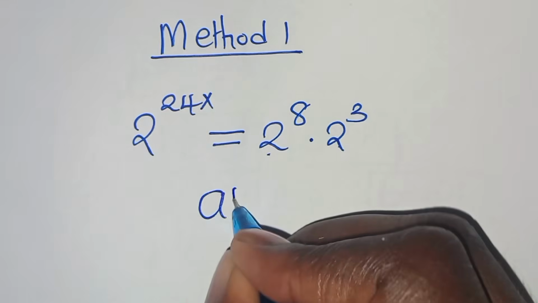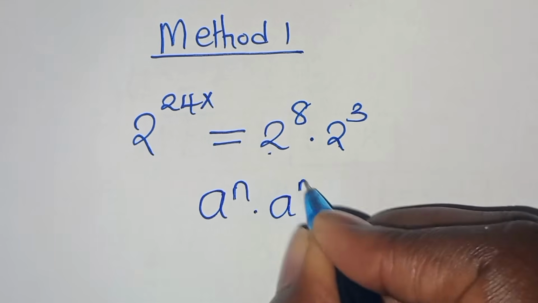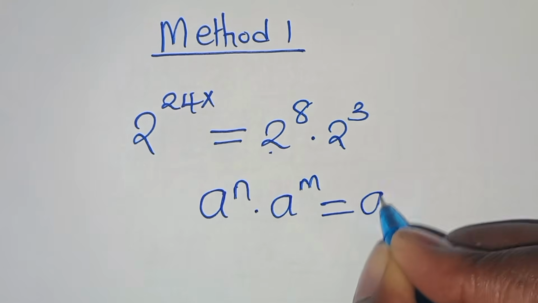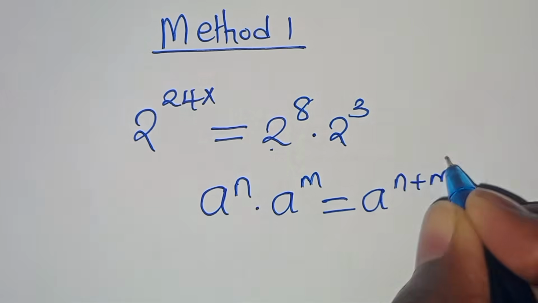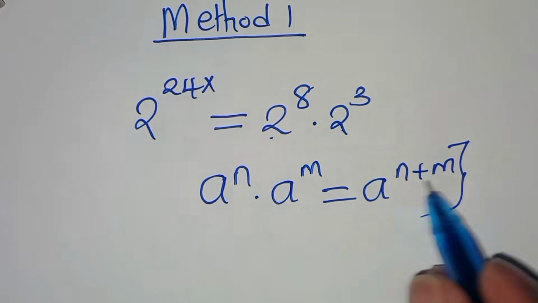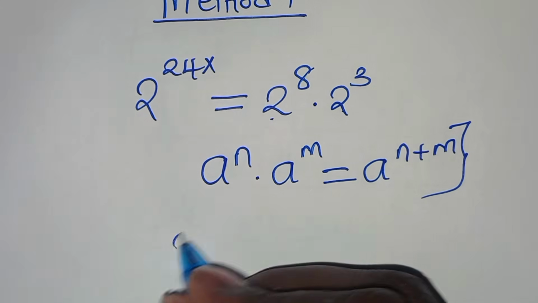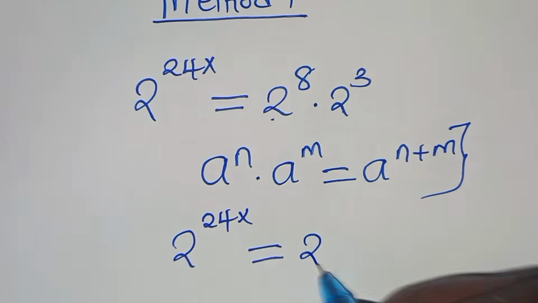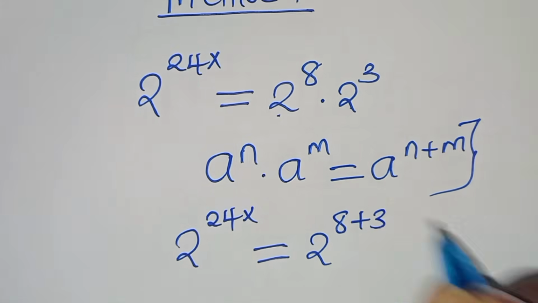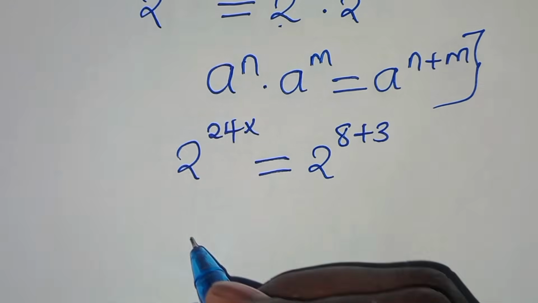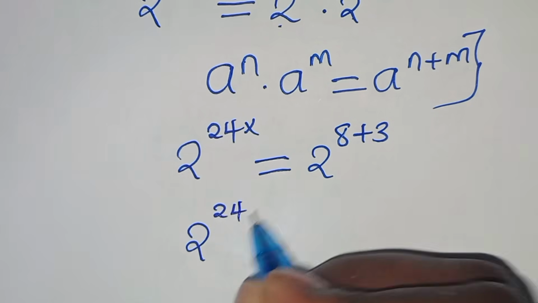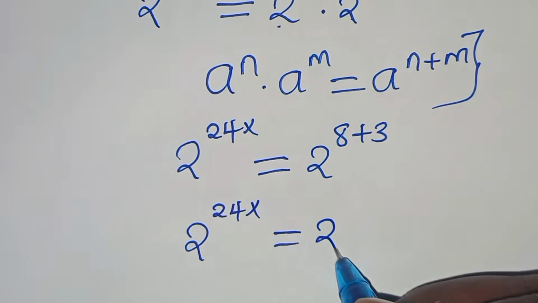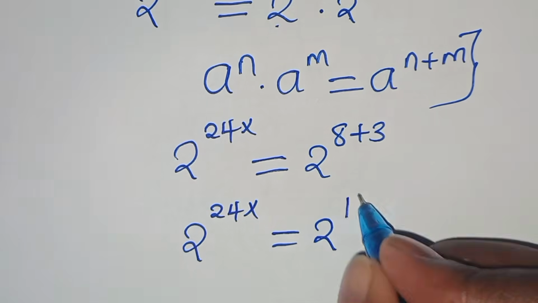This is in the form of a to the power of n times a to the power of m, which we can express as a to the power of n plus m. Applying this exponent property, we have 2 to the power of 24x equal to 2 to the power of 8 plus 3, which is 11.